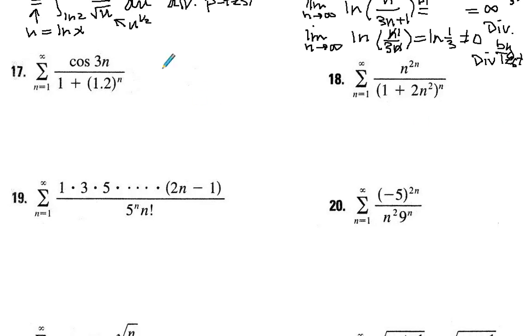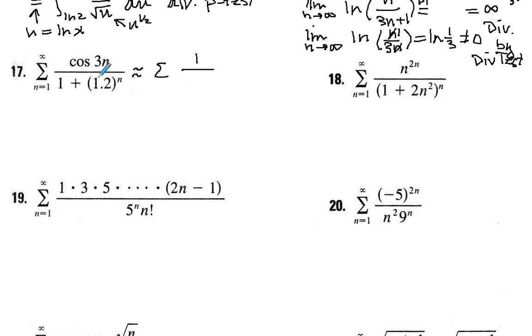Okay, 17, I see this cosine 3n up on the top, and it's not an alternating sign pattern. This is always between -1 and 1. So what we want to do is overestimate it. At most this is 1. So if we do our dominant terms type thinking here, the biggest the top can be is 1. So we'll overestimate the top.